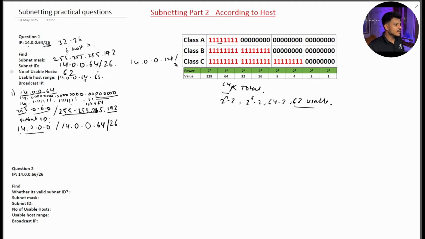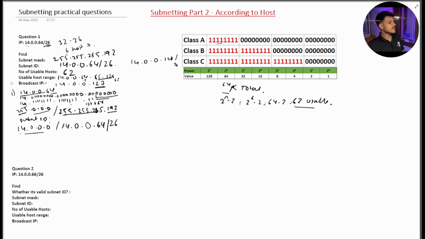Our broadcast IP will be just one IP before that, so it will be 14.0.0.127. As this is our last IP, our actual usable host range will start from 65 till 126. So it will be a total of 62 IPs.